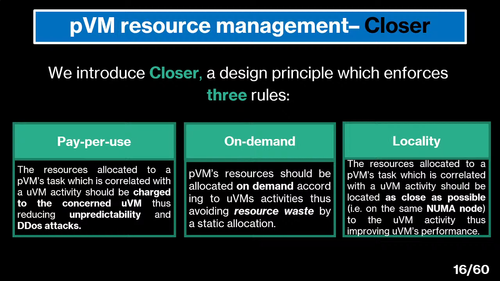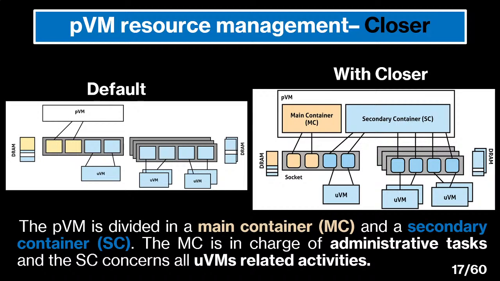So concretely, how does it differ from the standard model where the privileged virtual machine had fixed memory and CPU resources? Here we consider the privileged virtual machine as two different entities.